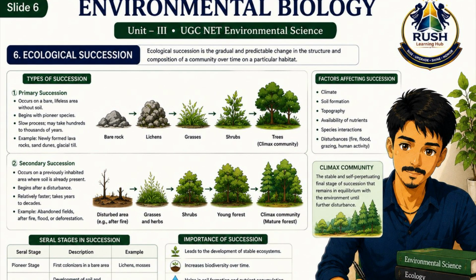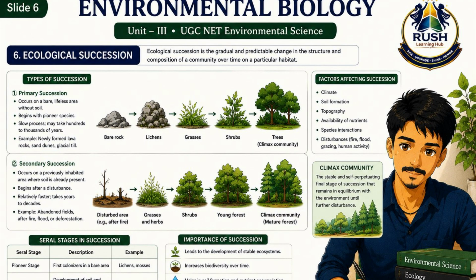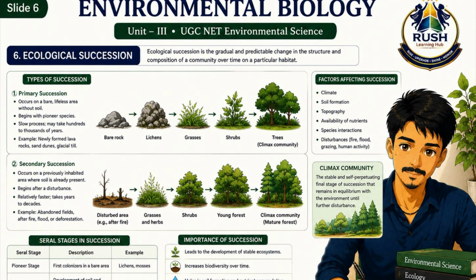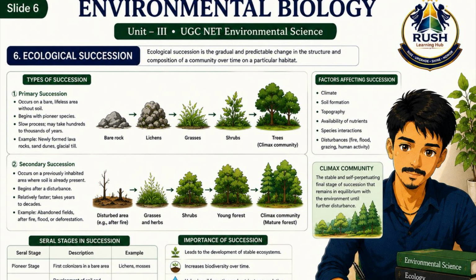It promotes soil formation and nutrient accumulation, enhances biodiversity, increases ecosystem productivity, and facilitates the recovery of ecosystems after disturbances. Succession also contributes to habitat development and forms the ecological basis for restoration and conservation planning.